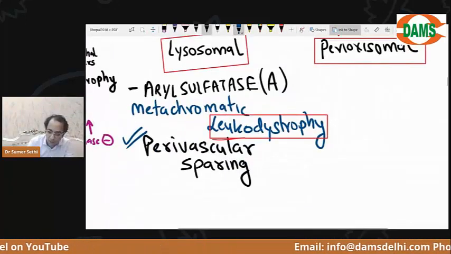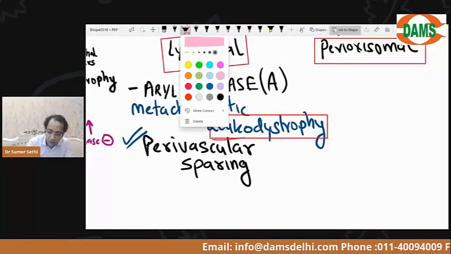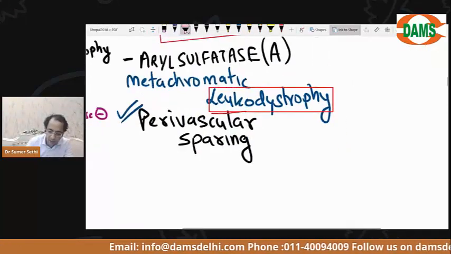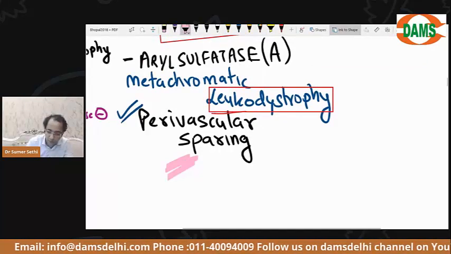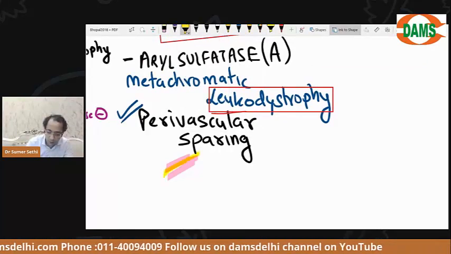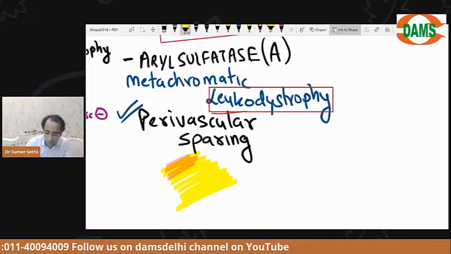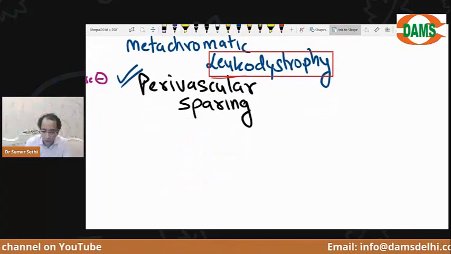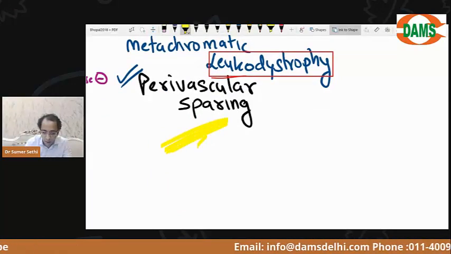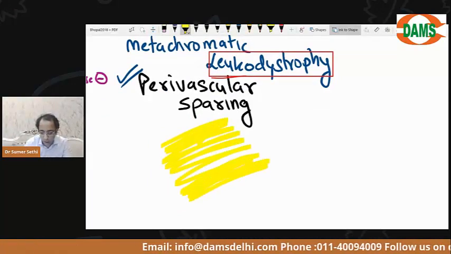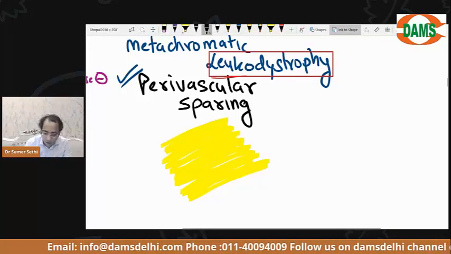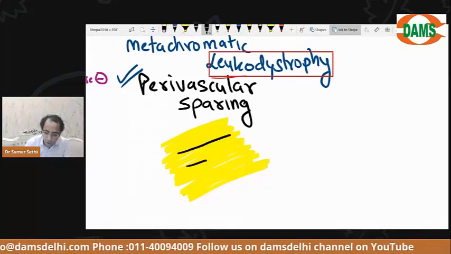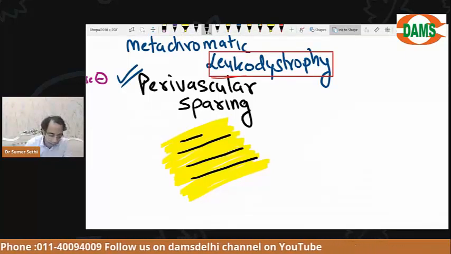Now try and imagine with me, beta. This is something to think about, not something to memorize. If this is your white matter, okay, in metachromatic leukodystrophy, some areas will be normal because they are around a blood vessel.